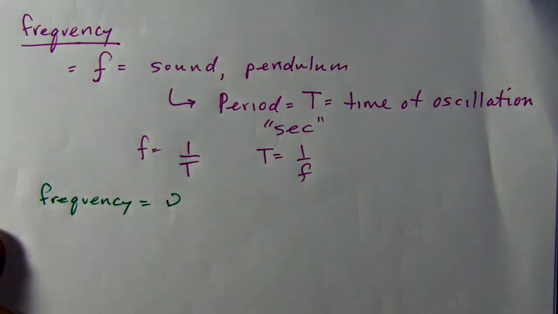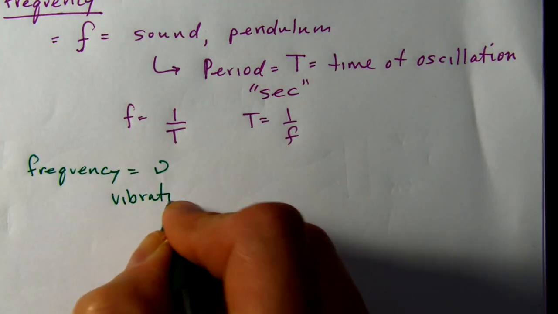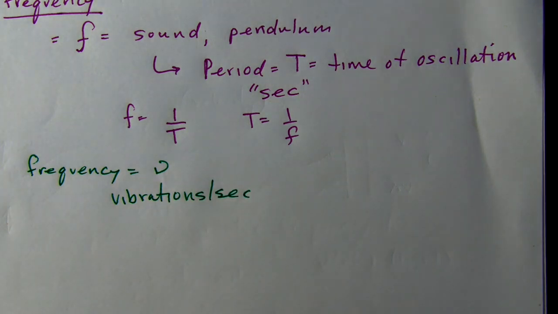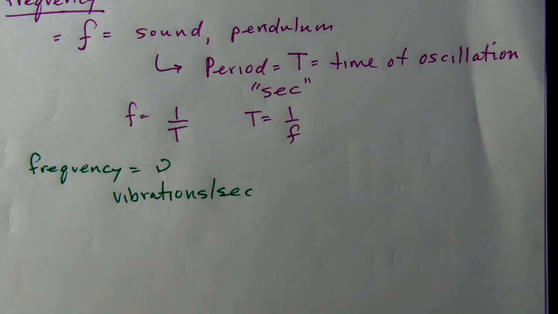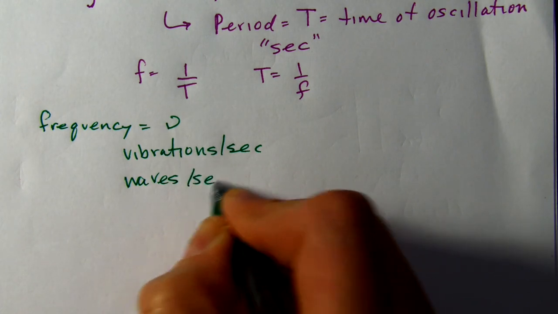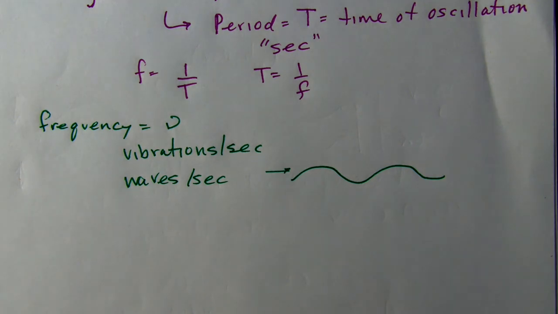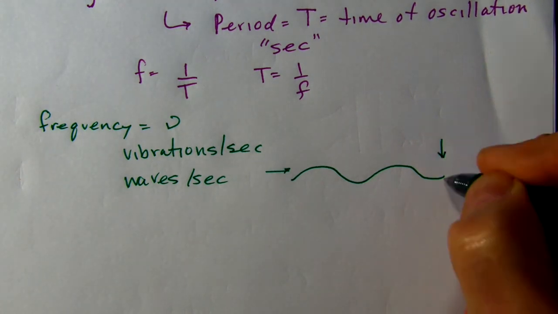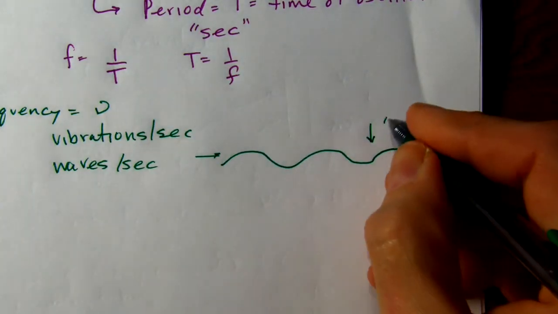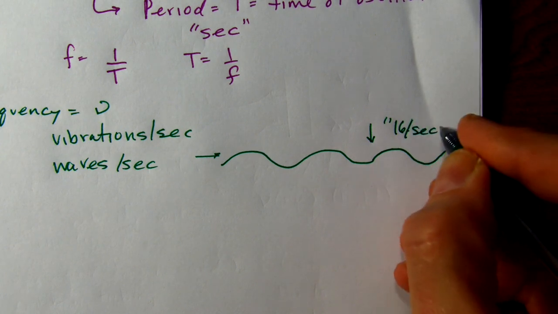also the Greek letter nu, right, is a variety of things. First of all, it could be vibrations per second. Okay? For example, when we talk about a tuning fork or something like that. And we could talk about waves per second. What that means is when a wave is transmitted, right, in that direction, we would simply count the number of peaks that cross a certain point here, and so we could say it's 16 vibrations per second, right?